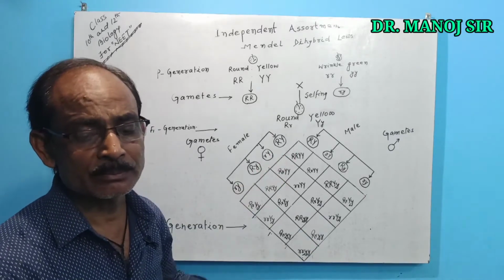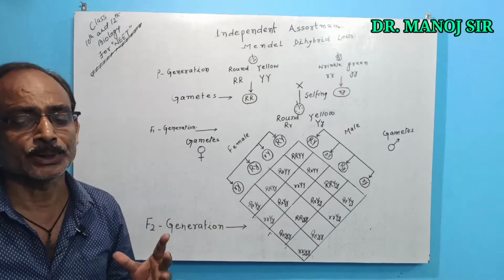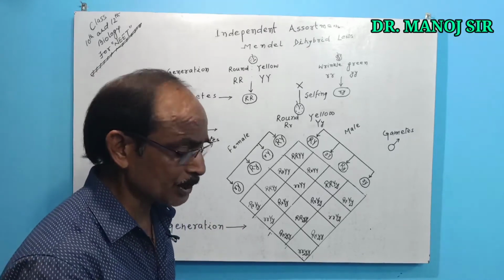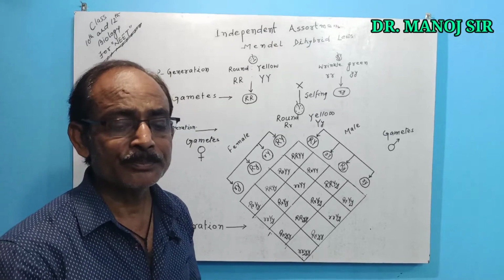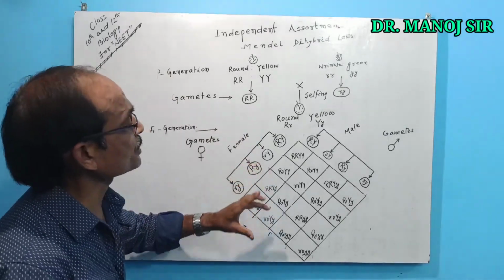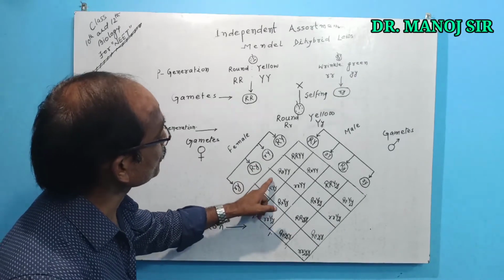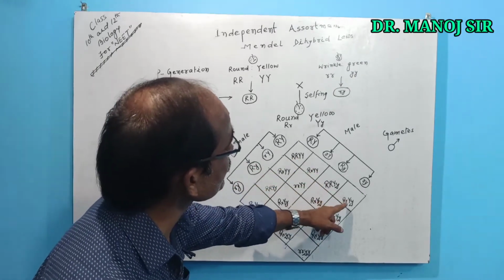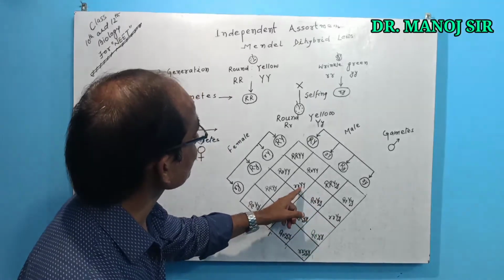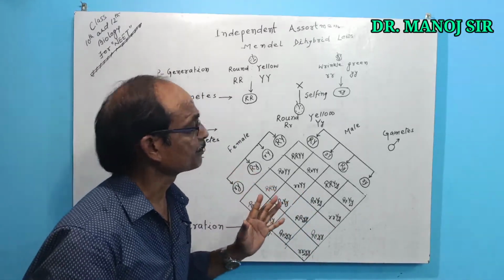This will result in a progeny producing 9:3:3:1 out of 16. 1, 2, 3, 4, 5, 6, 7, 8, 9, 10, 11, 12, 13, 14, 15, 16.